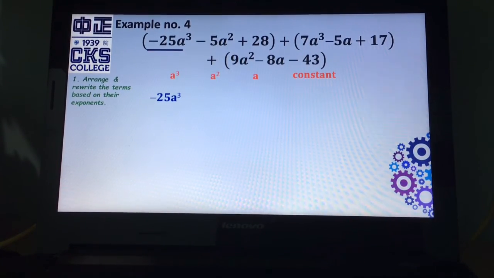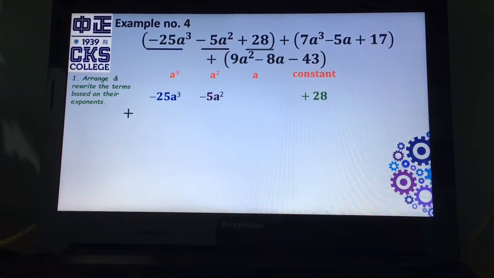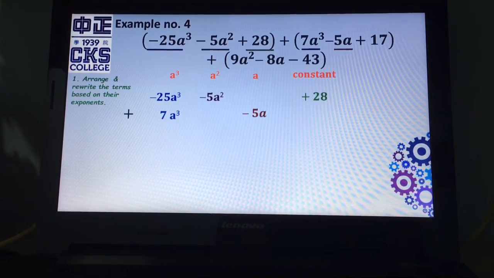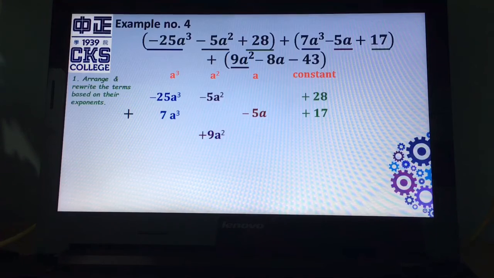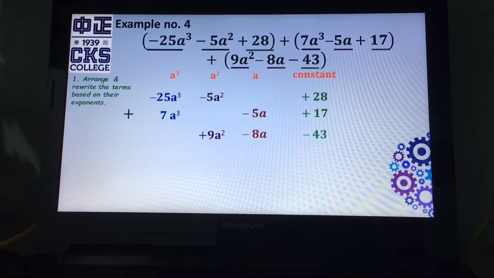So we have negative 25a cubed minus 5a squared plus 28. Then add 7a cubed minus 5a plus 17. Then 9a squared minus 8a minus 42.